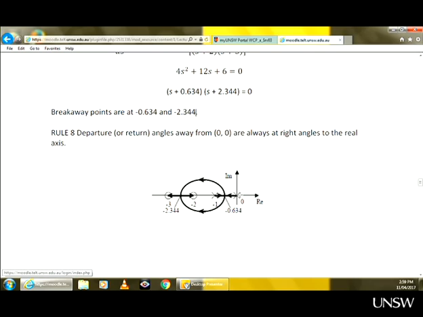The next one is a bit harder. When is our closed loop system going to be oscillatory stable? When is it going to be exponentially stable? We don't know the values of k; we can determine that in a second.